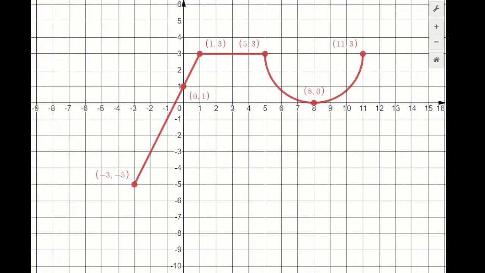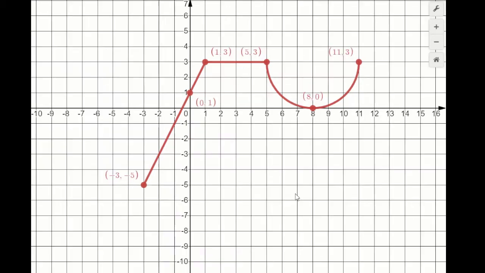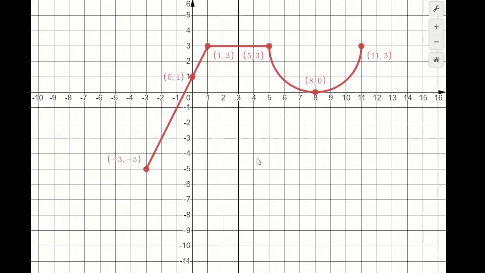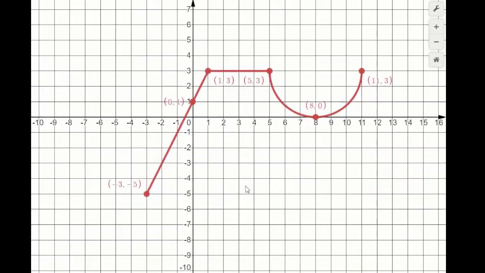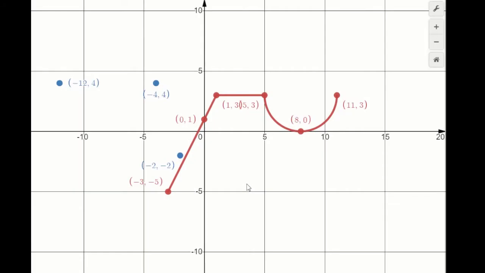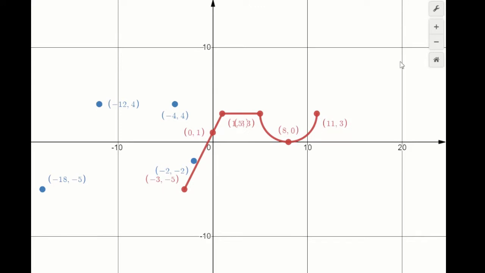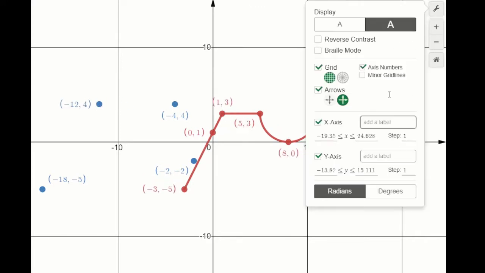All right, so now with the graph, I believe I have to zoom in further. Now let's show those guiding points in blue color. These are the guiding points. I even have to change the setting on my decimals a little bit.